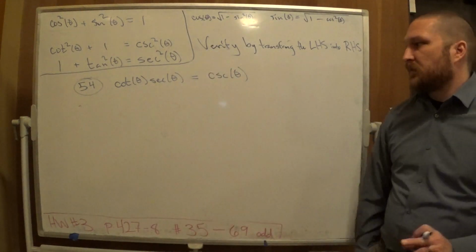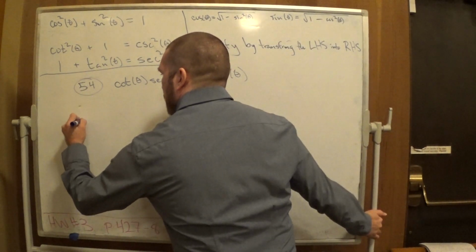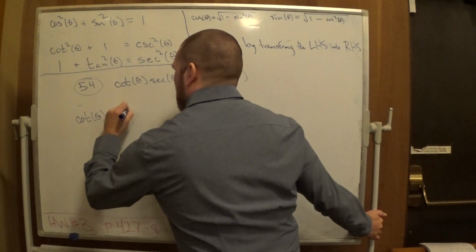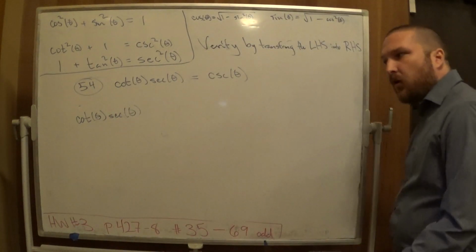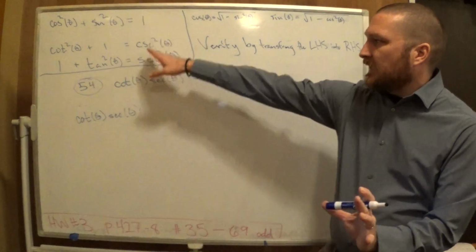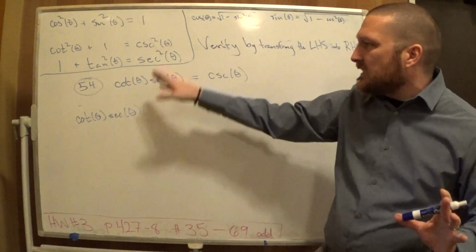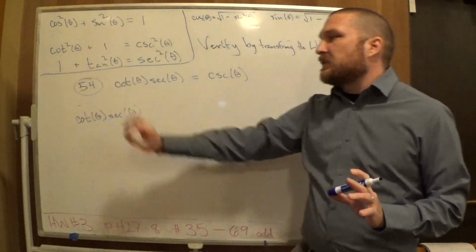So for this one in particular, we're going to start on the left-hand side with cotangent theta secant theta. And oftentimes, not always, if you start seeing cotangents squared and secants squared and stuff like that, you might want to use one of these identities.